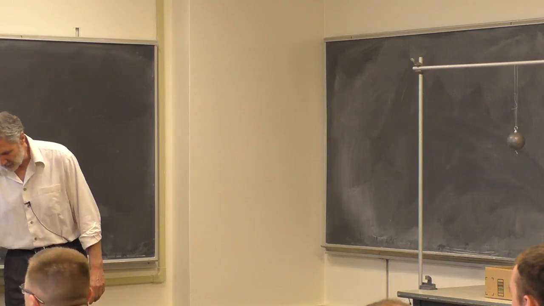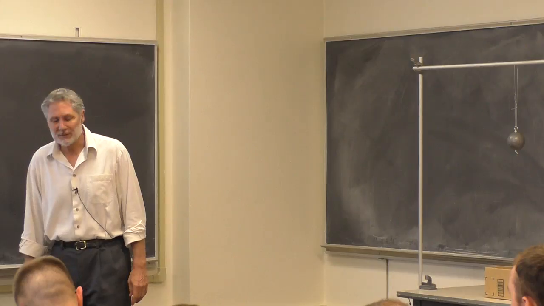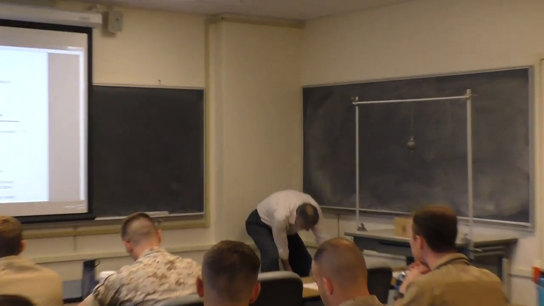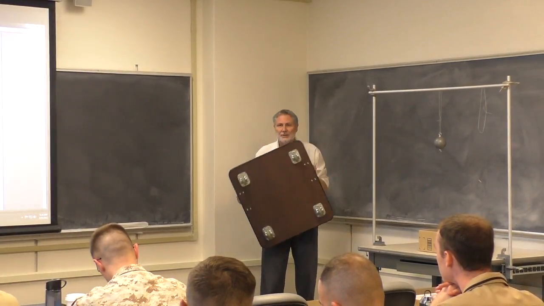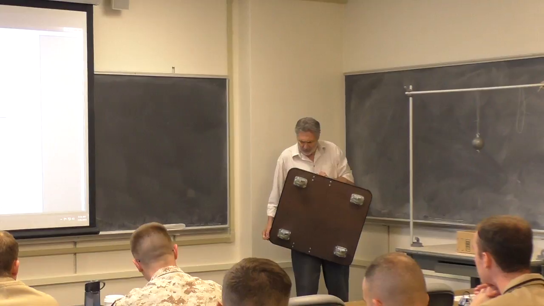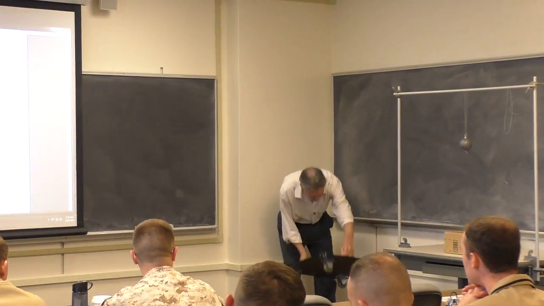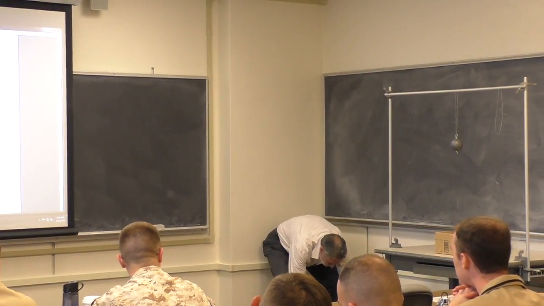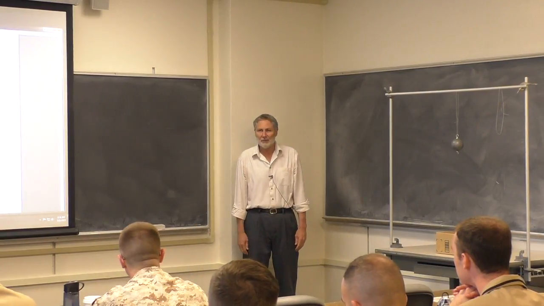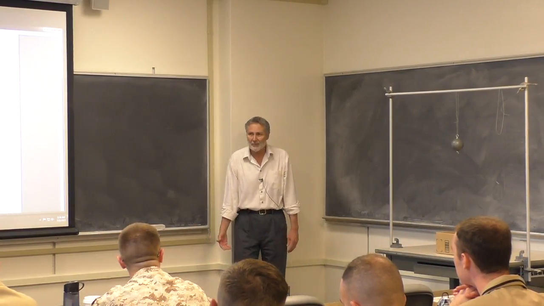I'll demonstrate it here. I don't know if you guys can see this. There's a platform with wheels here. Okay, we got 2 of them. You'll see why we have 2. Looks like I need to lubricate those, but it'll be fine. In the past, these classrooms are carpeted here, and it doesn't work well on this carpet.